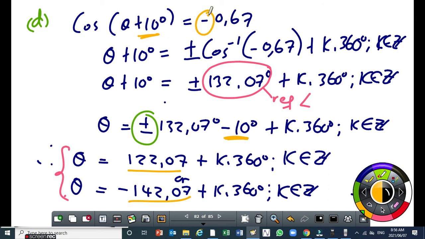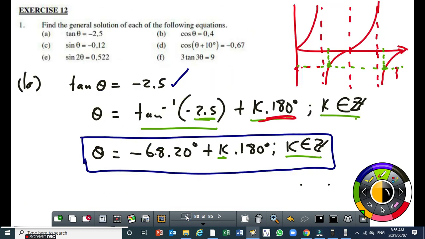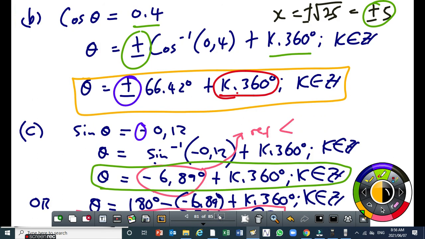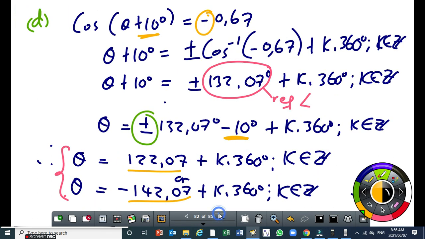Alright, then find 2 theta equal to that. So I hope I'll finish this one here.